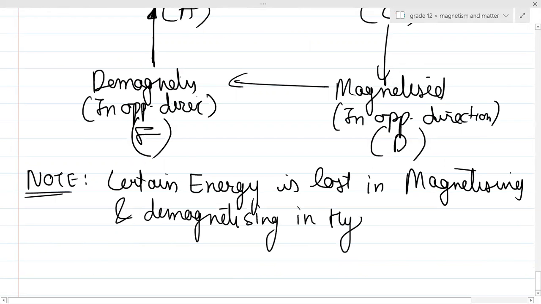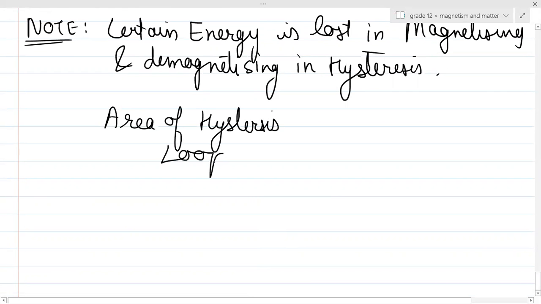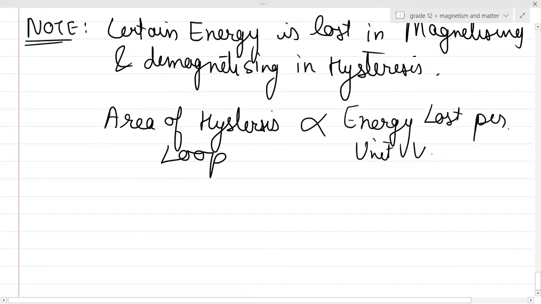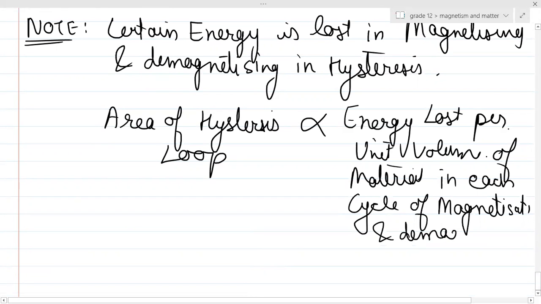Please remember the area of hysteresis loop is directly proportional to the energy lost per unit volume of material in each cycle of magnetization and demagnetization.